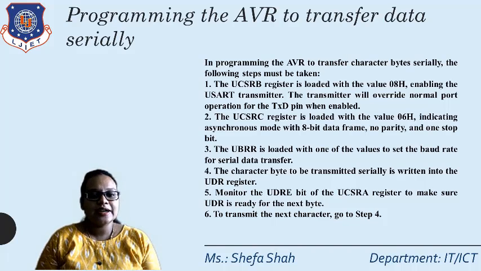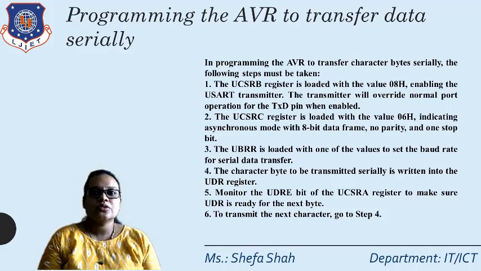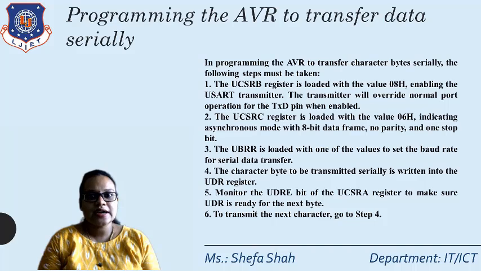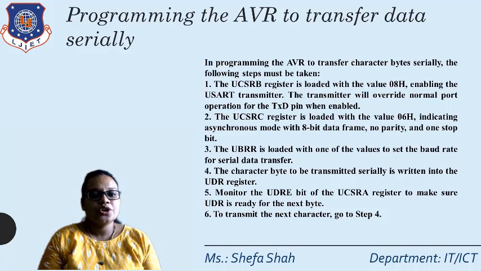Now the fourth step: the character byte to be transmitted serially is written into the UDR register. The data which we need to send in serial format, that particular character, will be stored in the UDR register. Then fifth, monitor the UDRE bit of the UCSRA register to make sure UDR is ready for the next byte. What does the UDRE bit stand for?